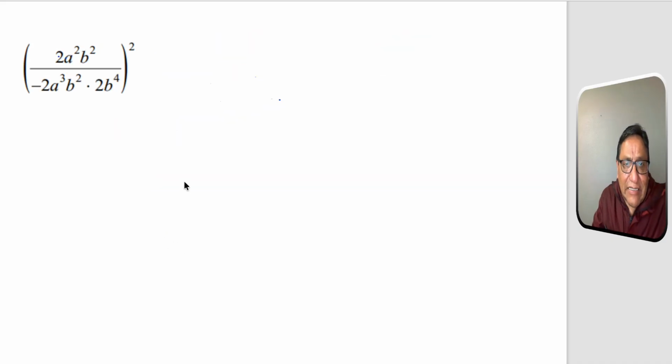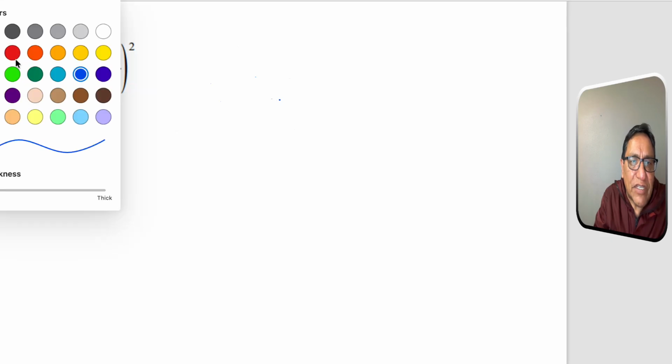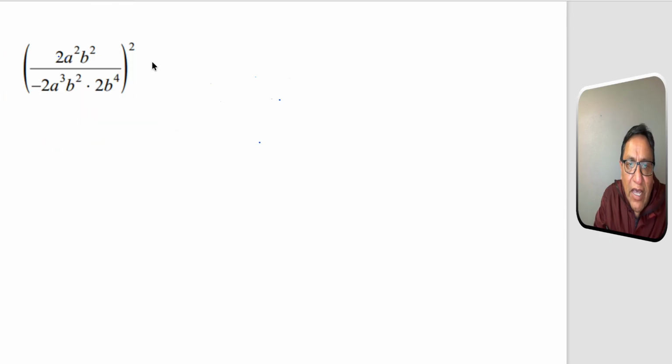It looks complicated, but before we do anything, think that inside the parentheses we can simplify. So let's see what we can do inside the parentheses. For example, I still need to open my parentheses and my fraction bar. Look at this, b squared and b squared we can cancel to 1. Also we have 2 right here, 2 divided by 2 will be 1, we can cancel to 1.